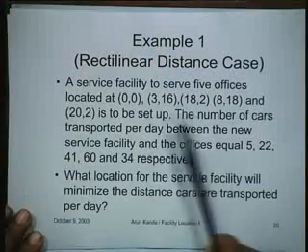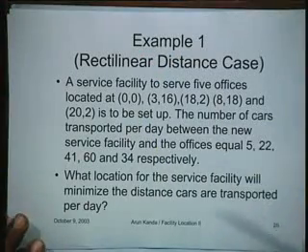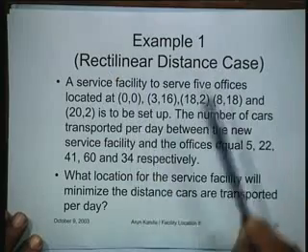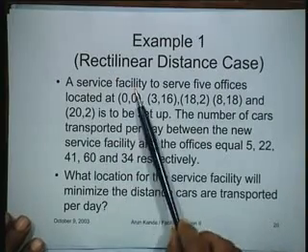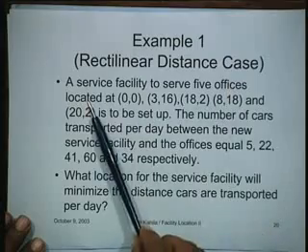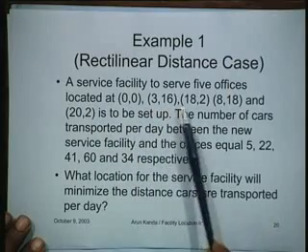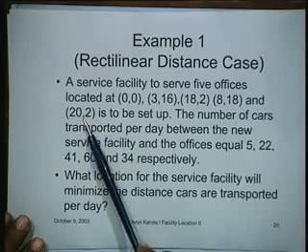So ultimately, let's take an example to illustrate what we have been talking about, and we'll use this example framework with different distance measures. Let's assume that a service facility to serve 5 offices located at (0,0), (3,16), (18,2), (8,18) and (20,22) is to be set up.